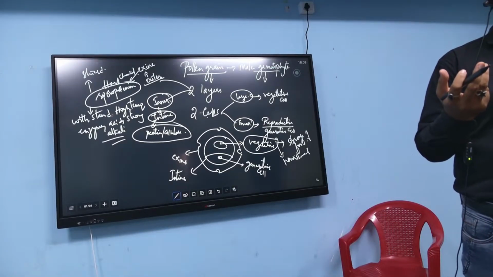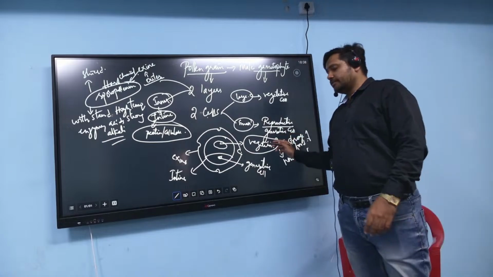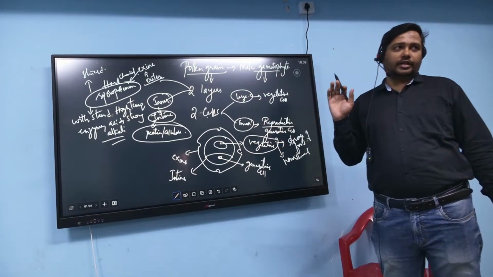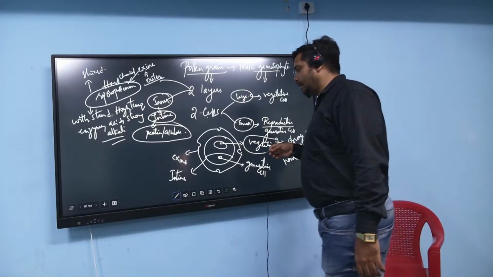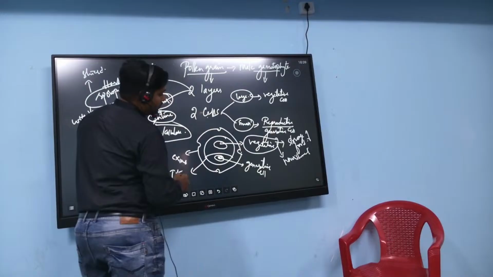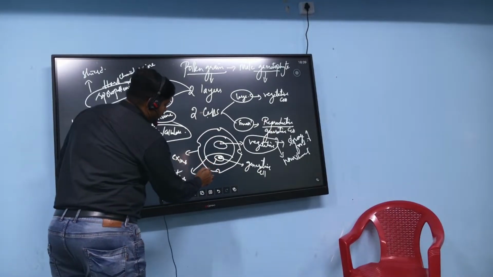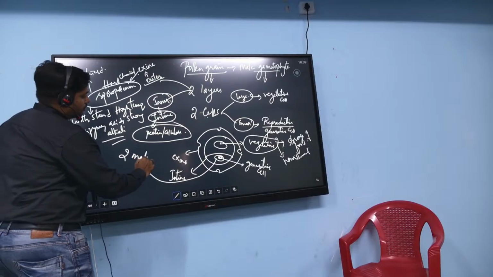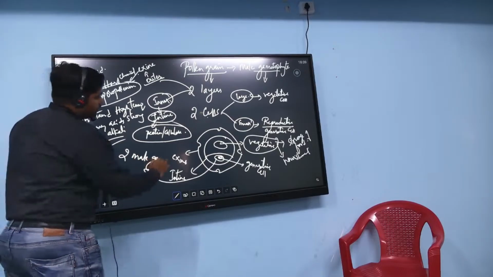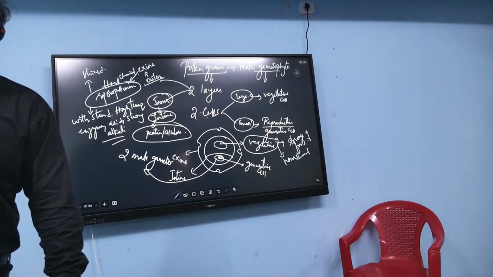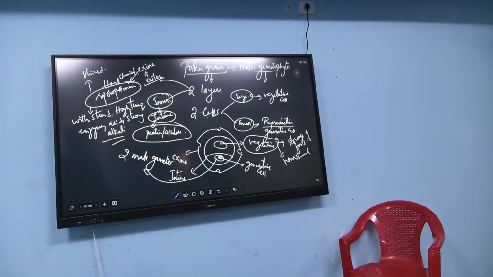So the vegetative cell is mainly meant for storage of food and providing nourishment to the developing cell. And the generative cell is mainly responsible for producing two male gametes. One pollen grain will produce two male gametes.